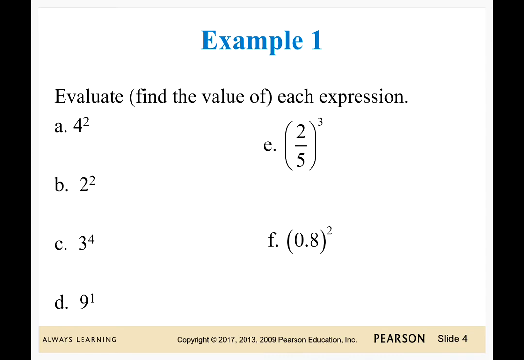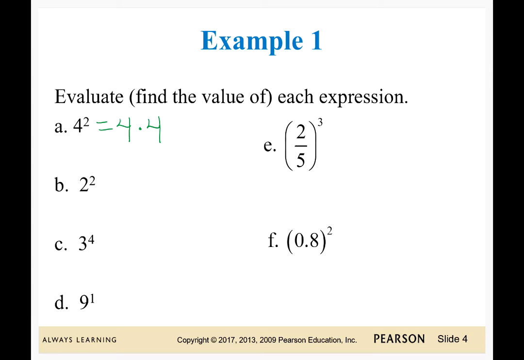All right, so you're going to start off with some questions that are very, very basic. When you are doing these, don't just type it in your calculator and write down the answer. That's not going to help you learn about what these words mean and how they operate. So think to yourself, what is 4 raised to the 2nd power? That means we have a factor of 4 that is being multiplied, 2 of them being multiplied together.